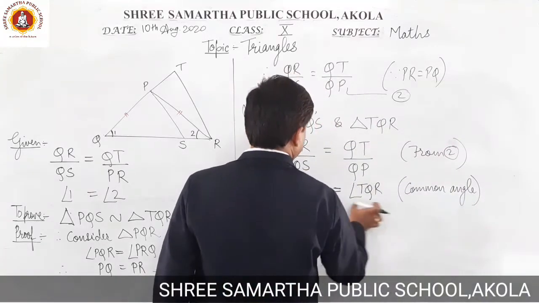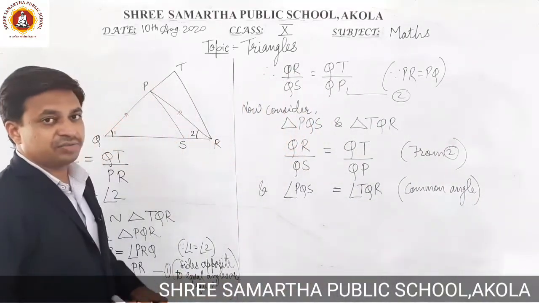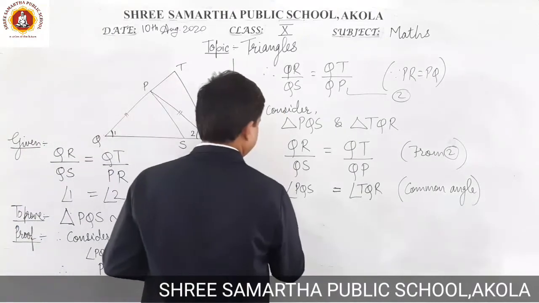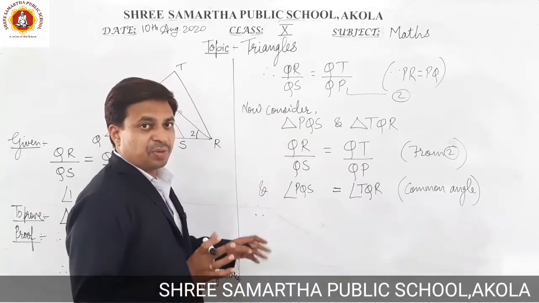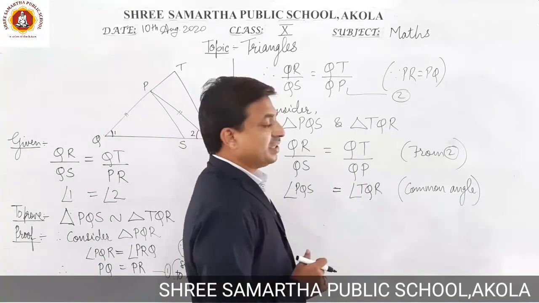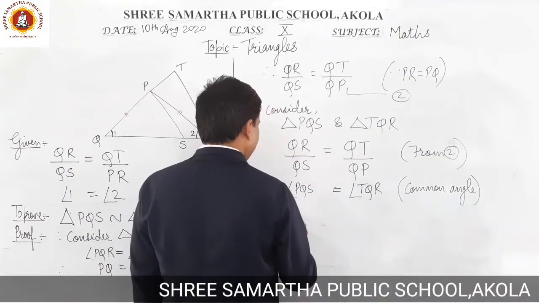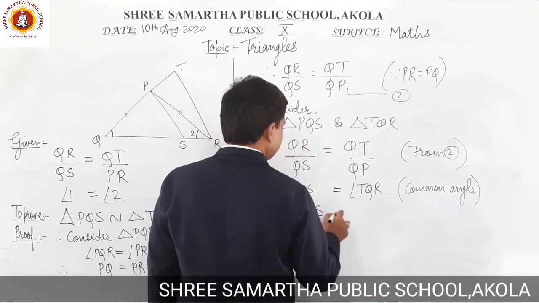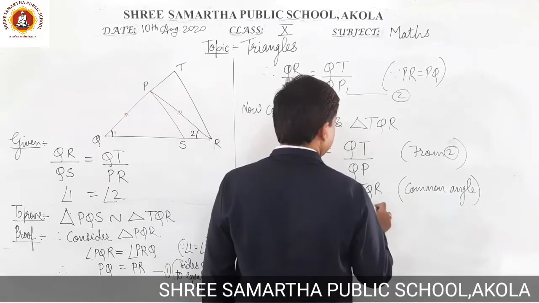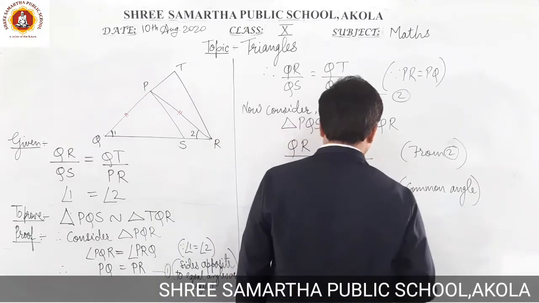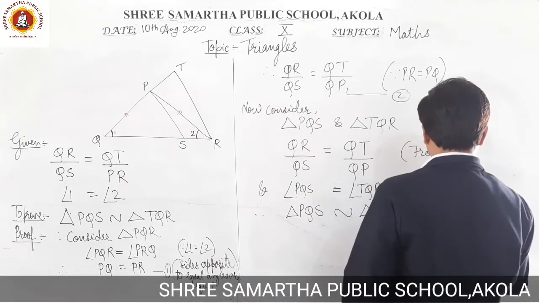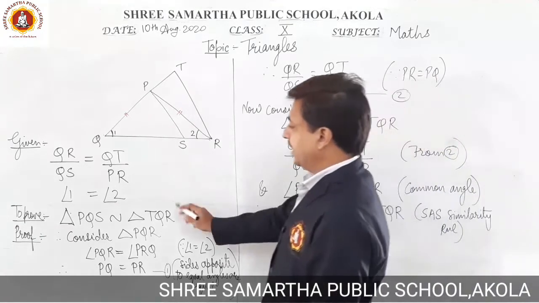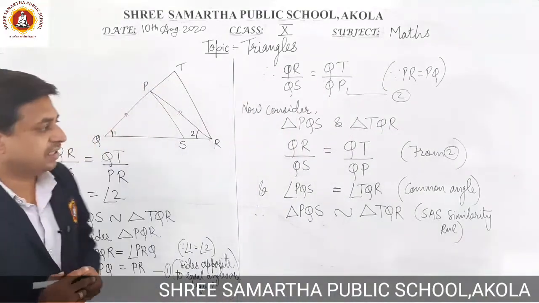Now what we are getting here is that the two sides are in proportion and the angles included between them are equal. Therefore, triangle PQS is similar to triangle TQR by the SAS similarity rule. And hence we have proved this example in this way.